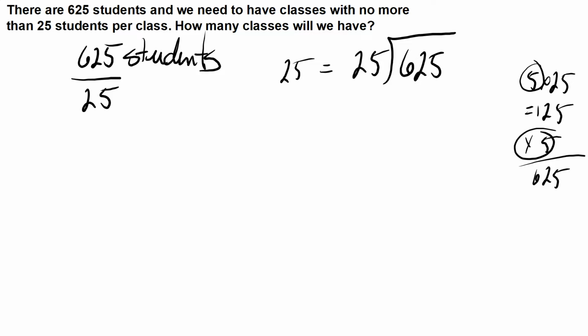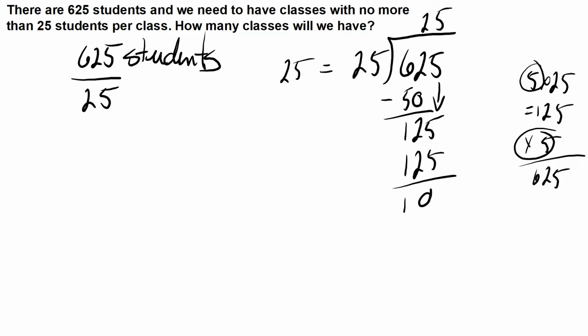Just to confirm it in the long form, 25 goes into 62 2 times, giving me 50. Subtracting that, I get 12, bring down the 5, and I get 5 times 25 is 125, with a remainder of 0. So I do get an answer again to confirm that it's 25. So in this case, we would have 25 classes.